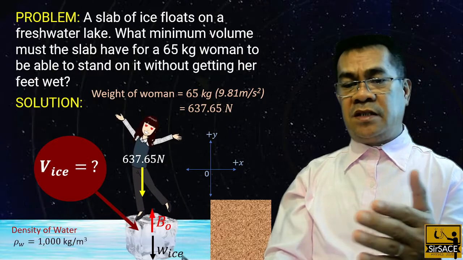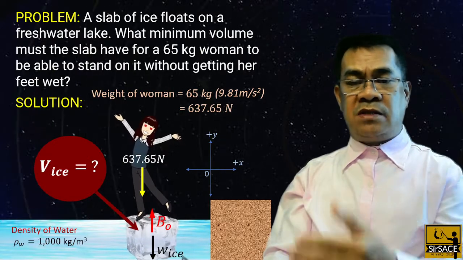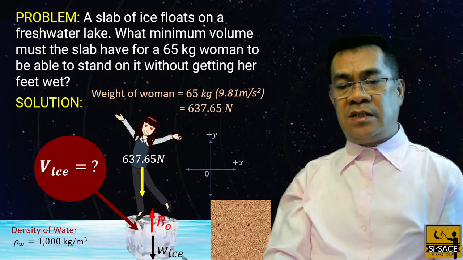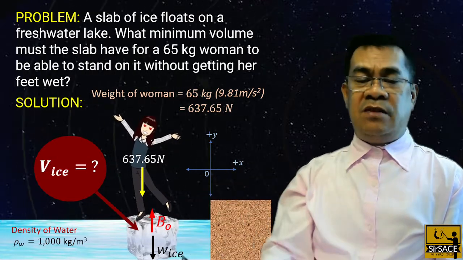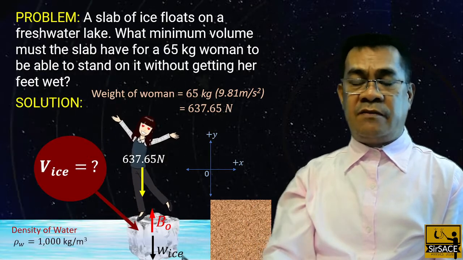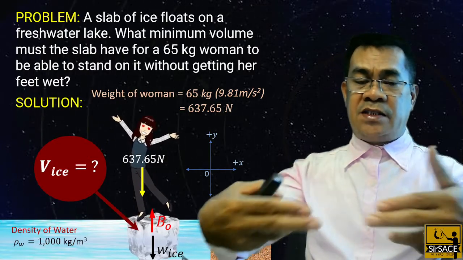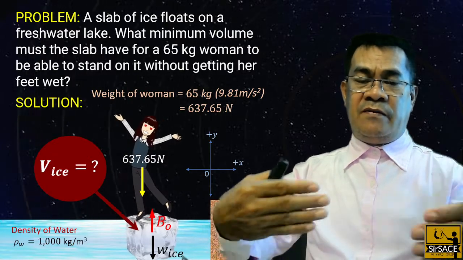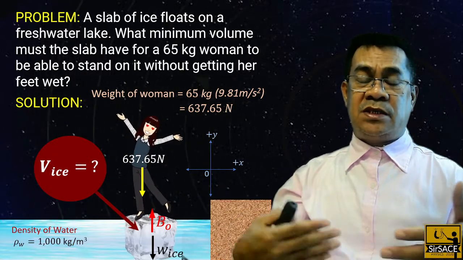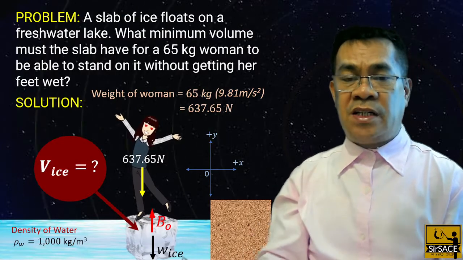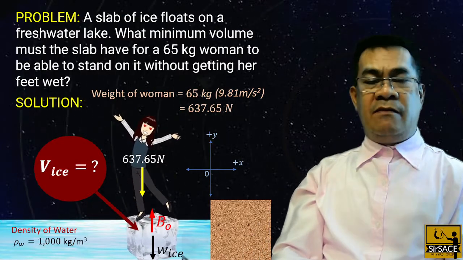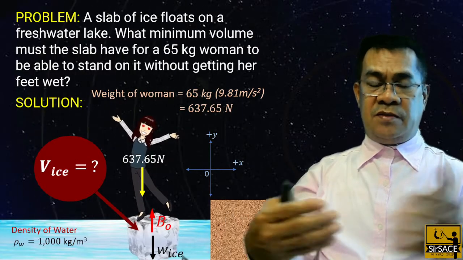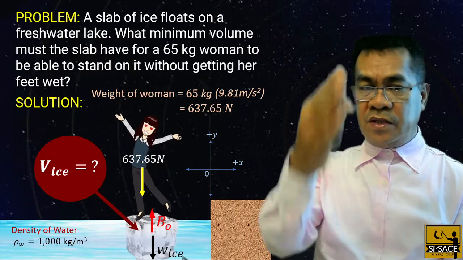But in this case, nothing to worry with respect to x, because although we have forces along x, the hydrostatic forces on the side of the ice balance with another force on the opposite side. So nothing to worry about the horizontal forces, because they are neutralized by the fluid pressure forces on that side. So we will focus on the y-axis only.